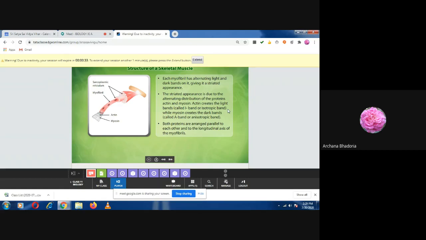These actin and myosin are arranged parallel to each other. So in a particular region only actin is present, then after it alternately myosin, then actin, then myosin, that way. So you find alternate light and dark bands. Light band is formed of the actin protein and dark band is formed of the myosin protein. Clear this much?